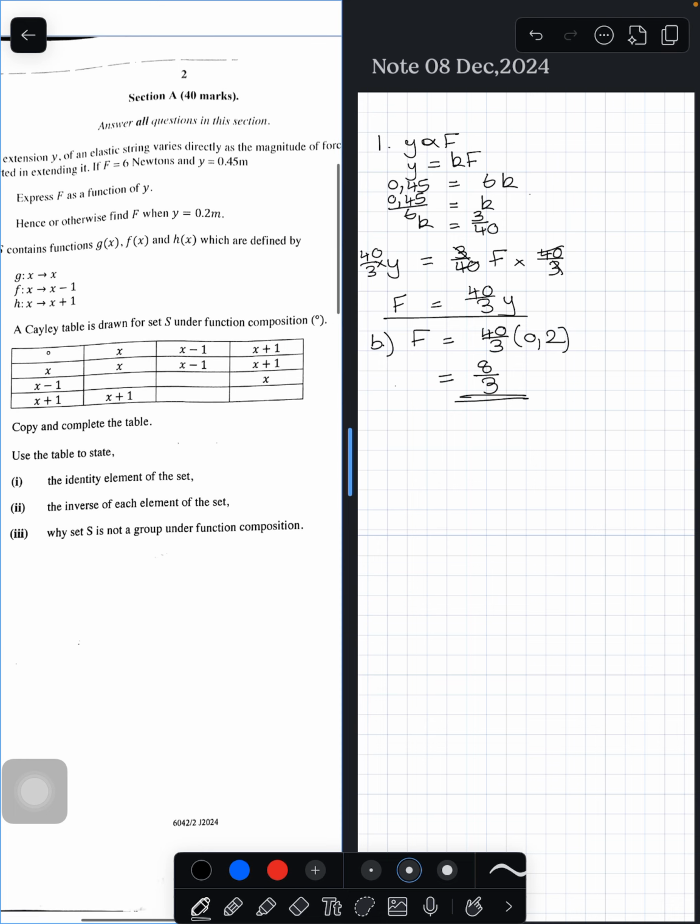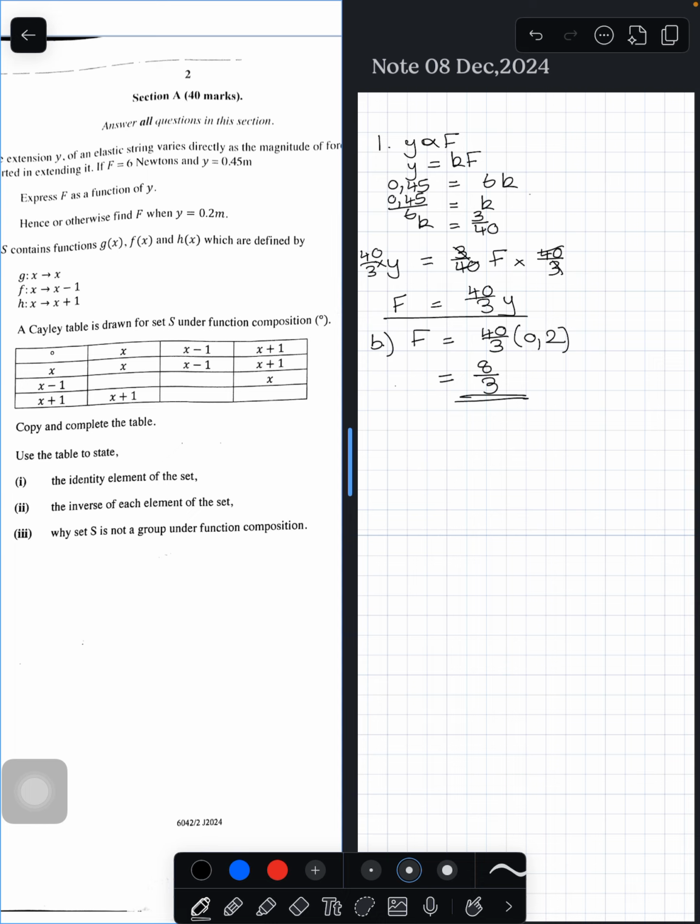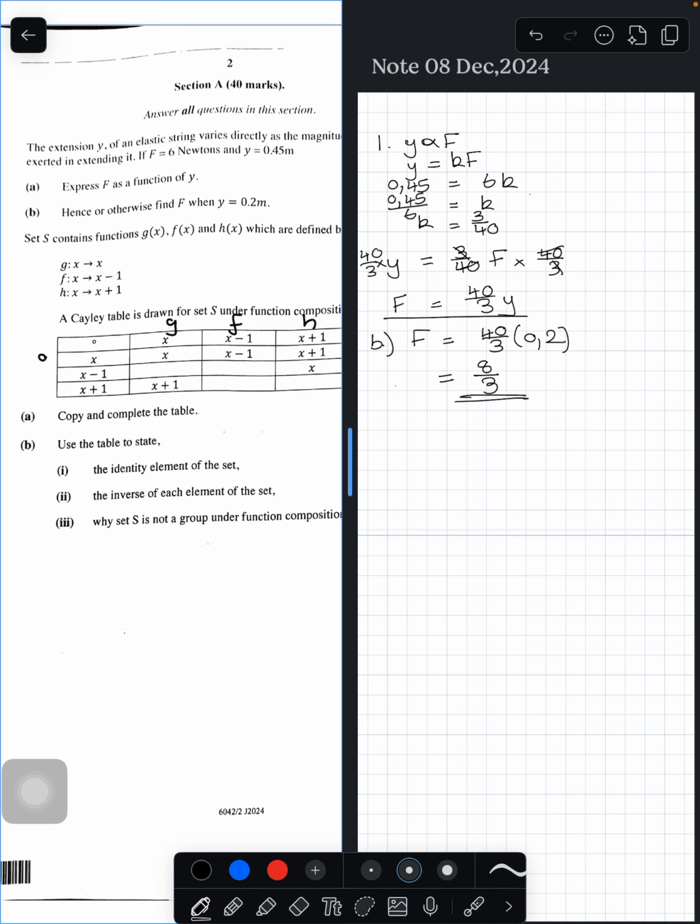Since our dot there is the composition function, first thing first, you just label this G, this F, this H. Same applies here, do the same thing, G, F, and H.